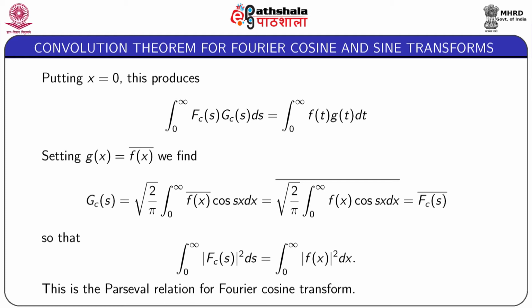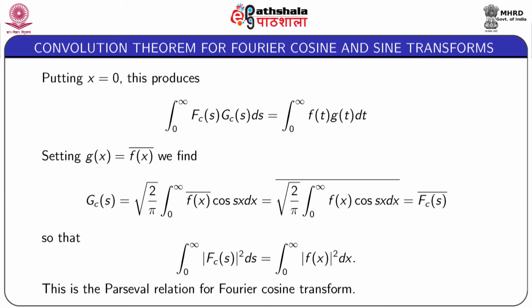So we obtain that the Fourier cosine transform of small g(x), that is capital GCS, is equal to capital FCS bar, if we set small g(x) equal to f bar(x).